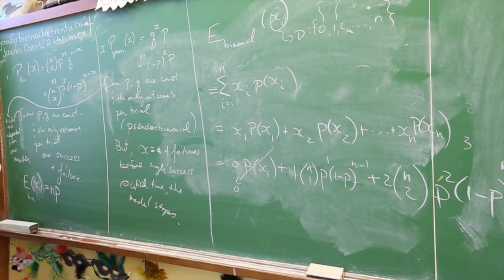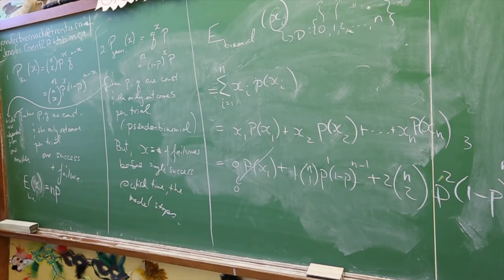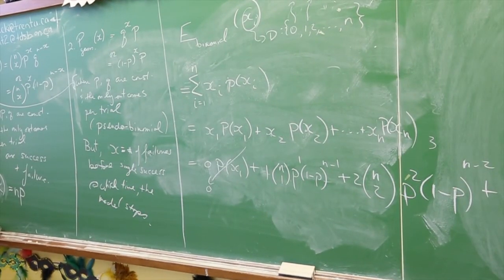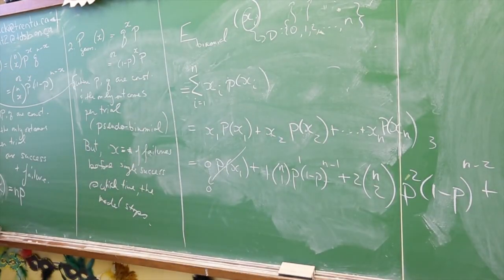I have a question. What does this E binomial represent? We want to know on average how many successes you would have for a binomial distribution with n trials. Now your logic is good. For binomial, you don't necessarily have to do this, but I want you to become familiar with it because this is the kind of methodology you would have to use for geometric or hypergeometric.